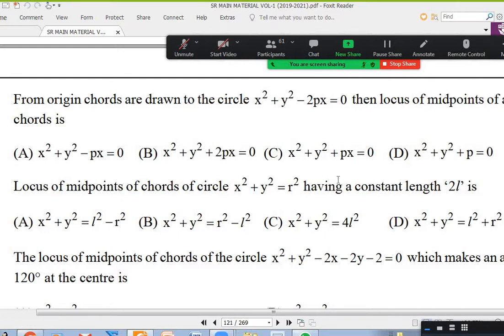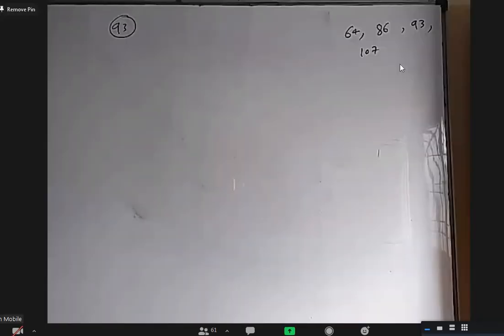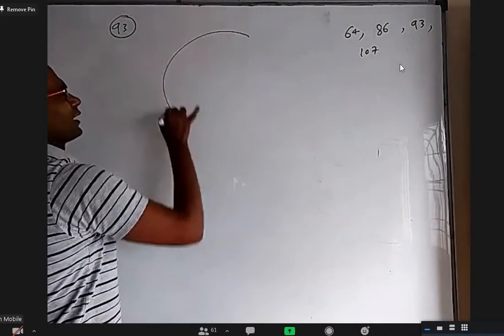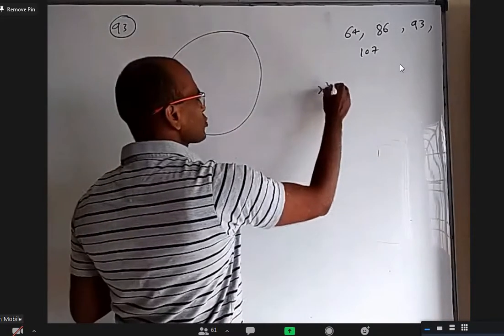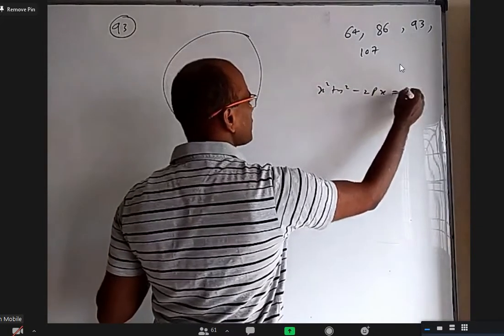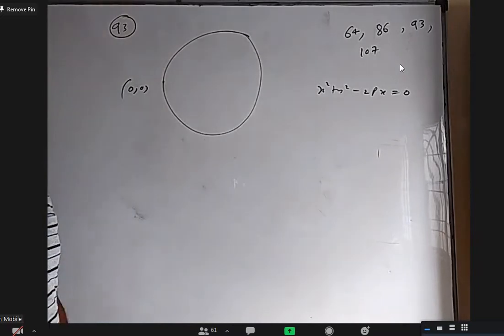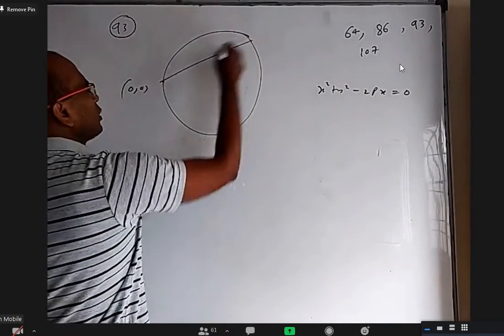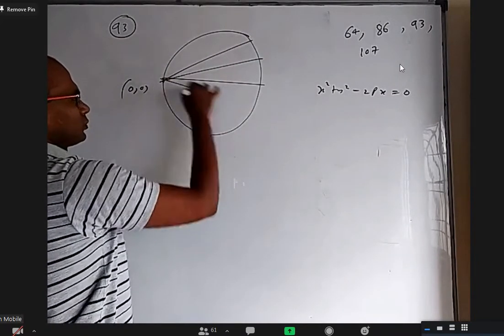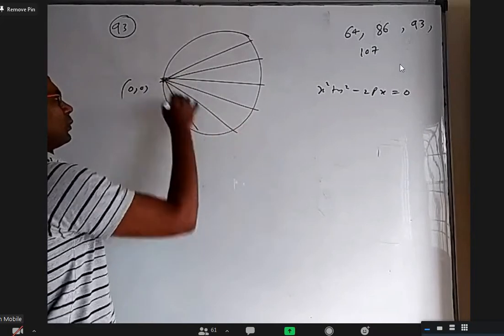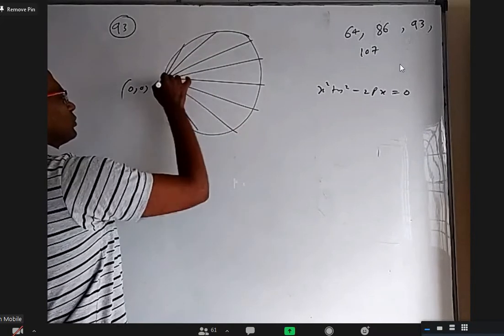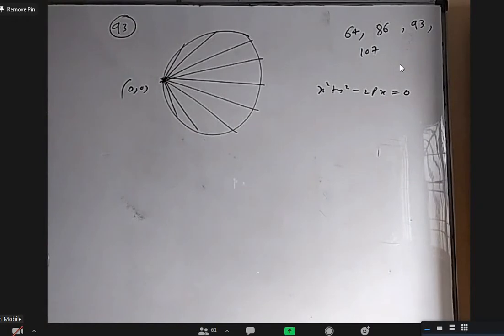It's okay. Okay, the given circle is x square plus y square minus 2px equal to 0. Origin is already one point on that circle. Through that you have drawn many chords like this. The question is find the locus of midpoints of all these chords.